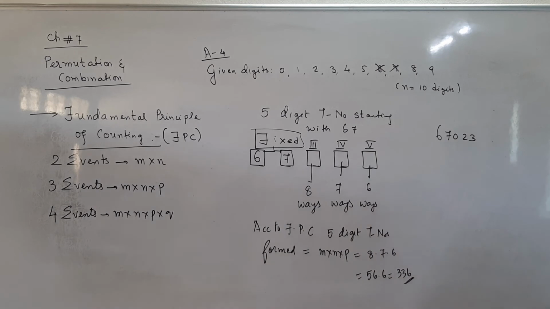Suppose repetition was not allowed and the number was not starting with 67, then students, the first digit will have 9 options. Then again 9, including 0. You check, and then 8, and then 7, and then 6. If the number was not starting with 67, 0 cannot come in the first place.